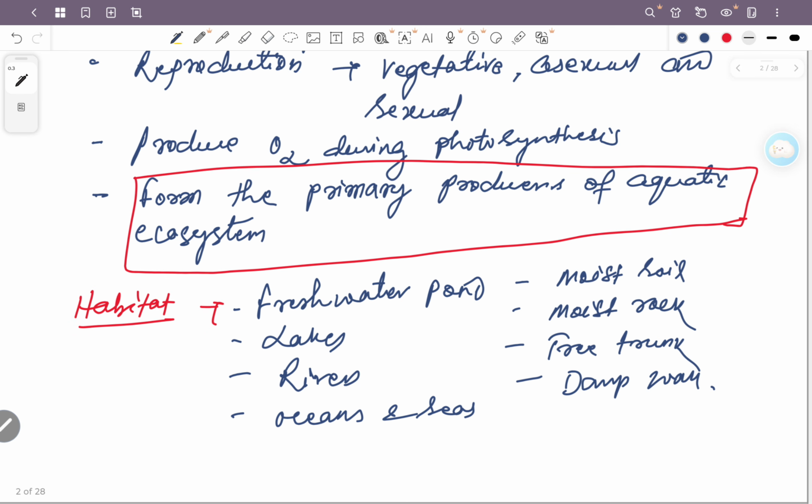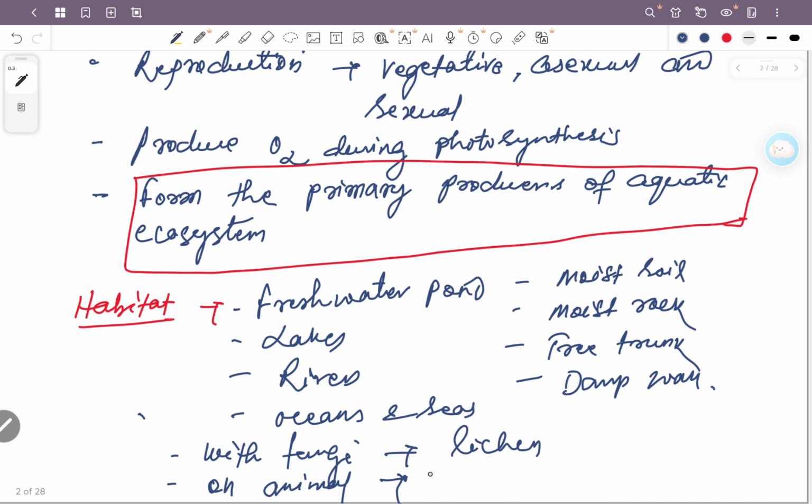Okay, but some algae live with the fungi and form lichen, and on animals like sloth.